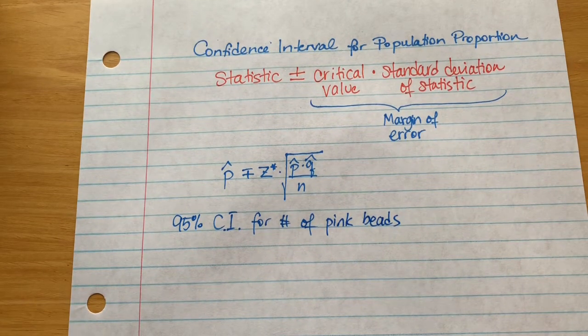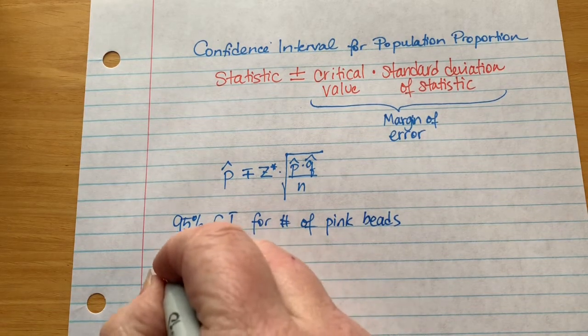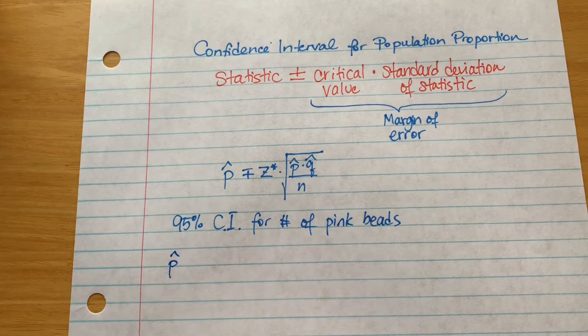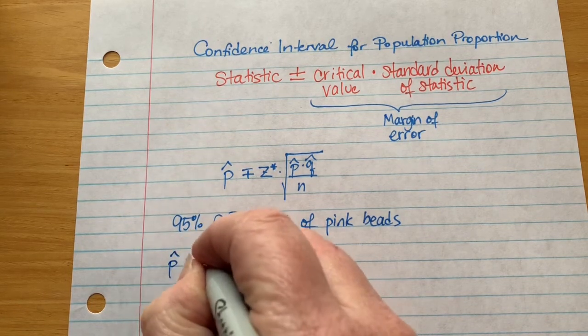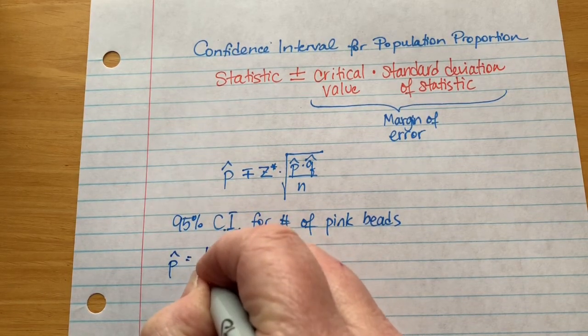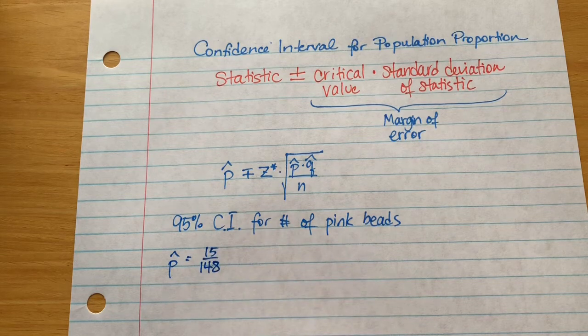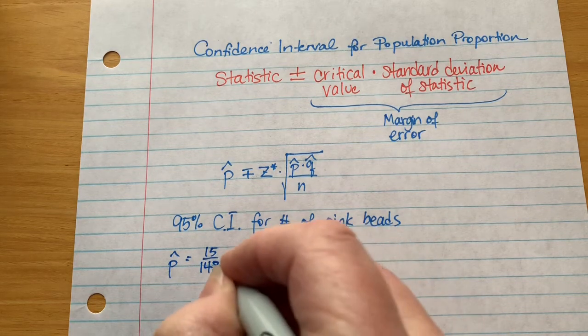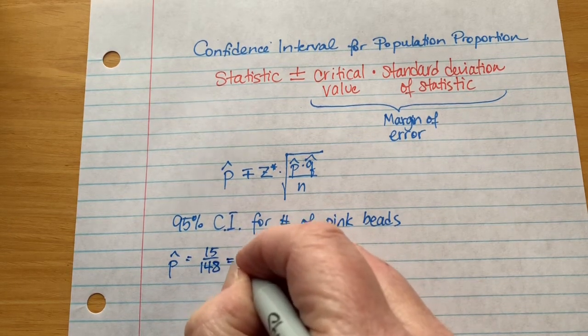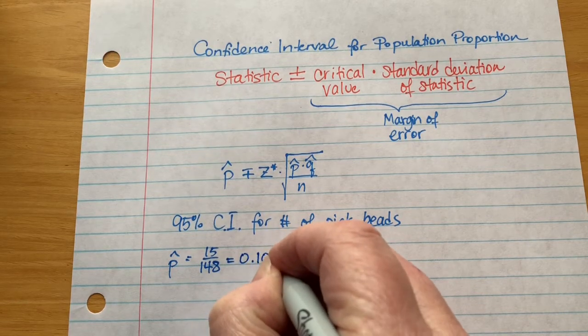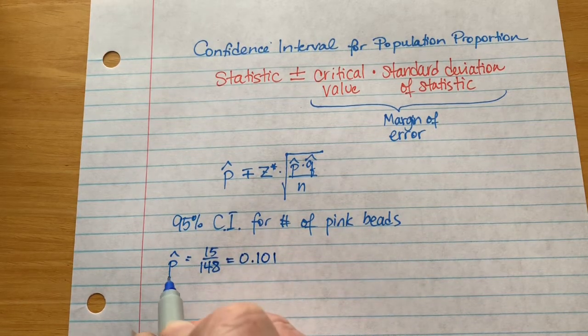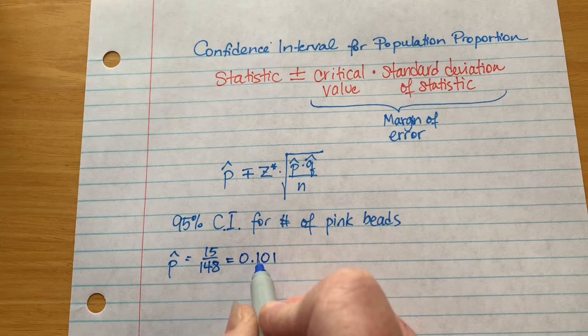Okay, so let's remind ourselves really quickly what we had there. Our proportion of pink beads was 15 out of 148. Would be nicer if it was just 150, but it wasn't. So this is 0.101. Now, this is the proportion of successes, the proportion of pink beads.